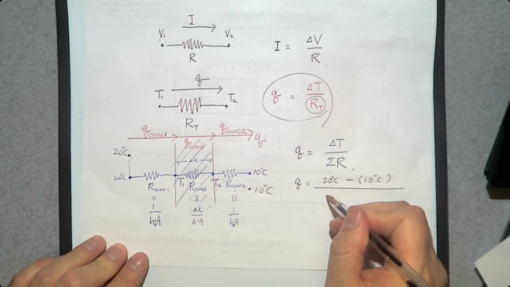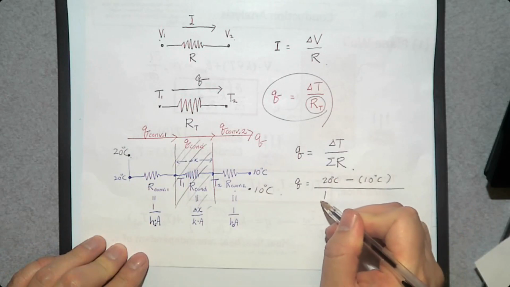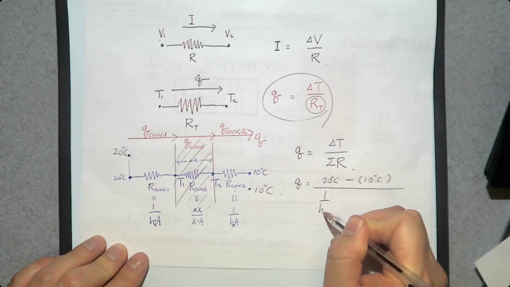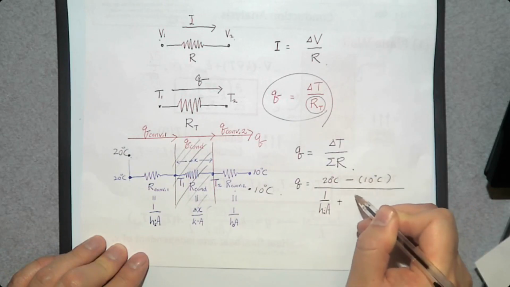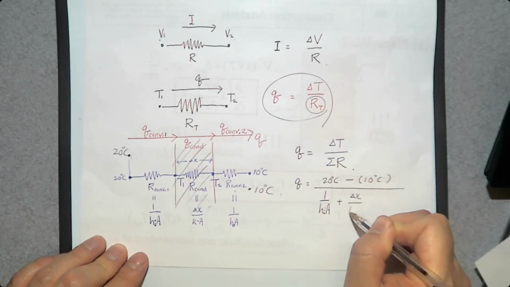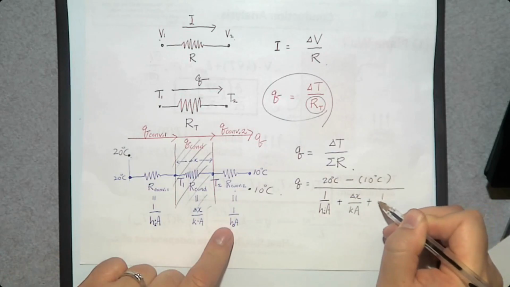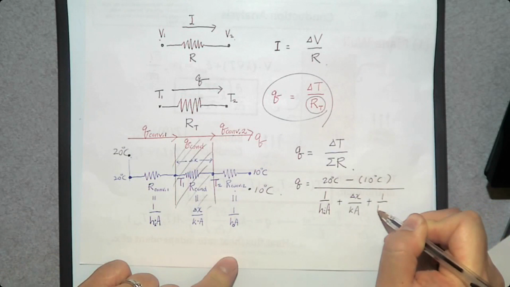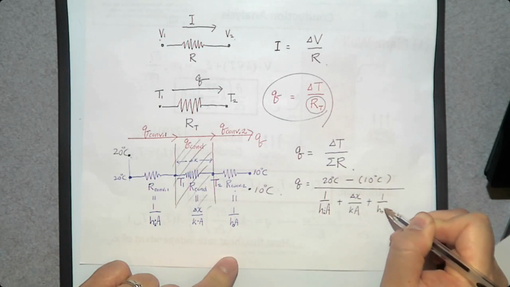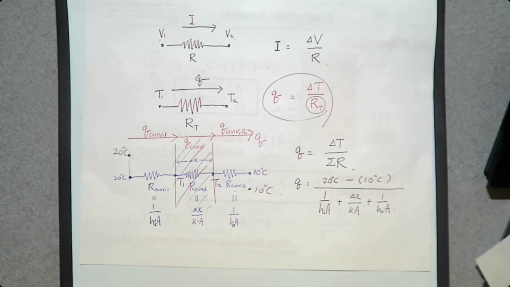So I'm going to write all the resistances here. 1 over HI times area plus the thickness delta X over KA plus 1 over the convection heat transfer coefficient H of outside times area. So that's how you can determine the rate of heat transfer, Q.